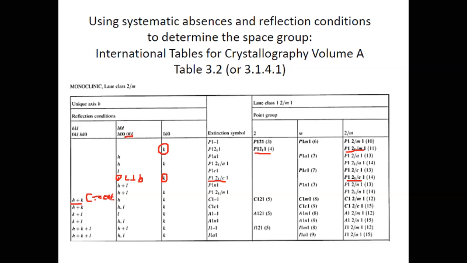Again, the H plus K for the HKL, where H plus K is odd, tells us it's C-centered. Now again, the HK0 reflections are like a subset of that, so that doesn't necessarily tell you that you have another type of centering. It's just the same family of reflections, with L set to 0.